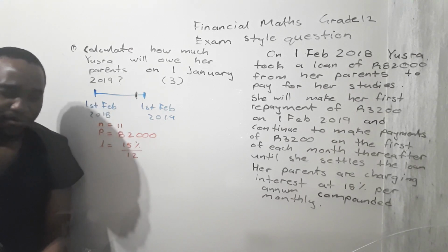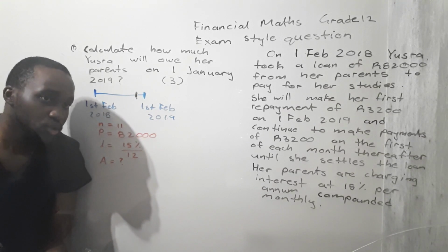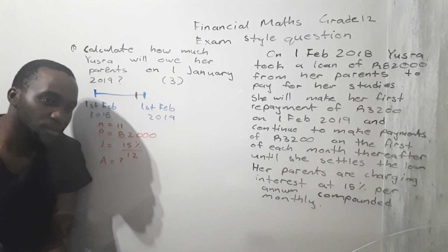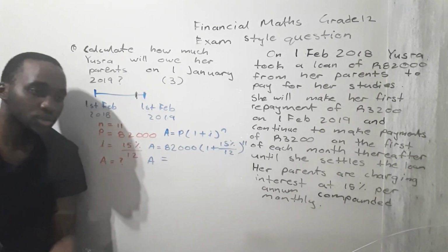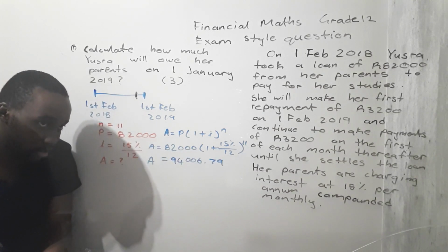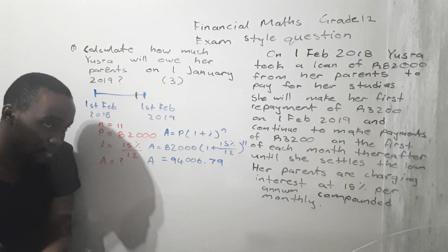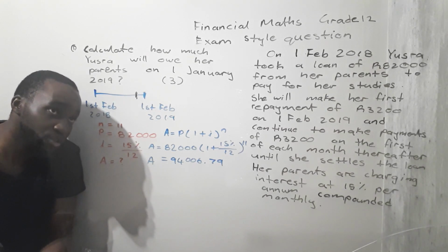Furthermore, we know that our value for A is what we're looking for. There we go. So we're going to throw all this into our compound interest formula and then just work out a value for A. So if we throw all this into our formula, we are getting 94,006.79. So for this first question, this is all that you needed to do.